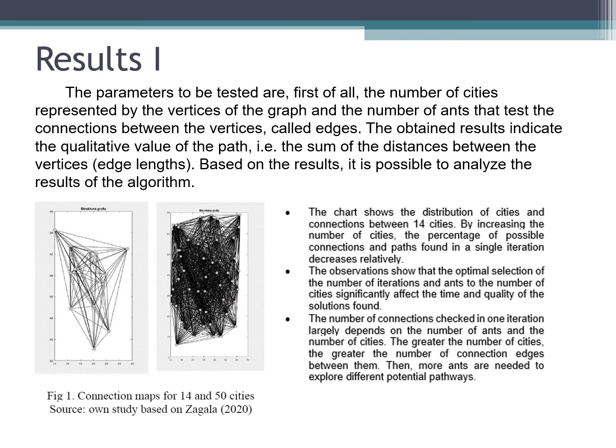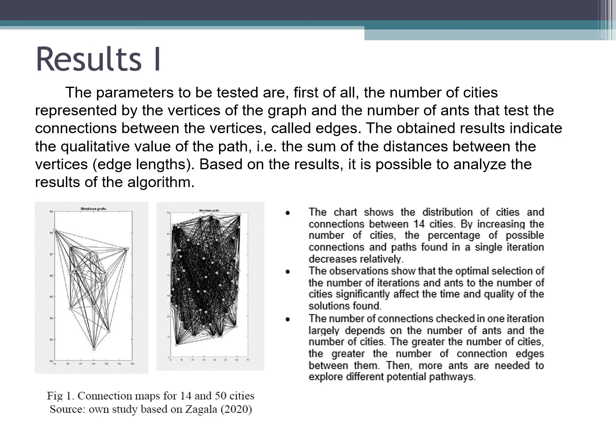Based on the result, it is possible to analyze the results of the algorithm. The charts here show the distribution of cities and connections between 14 cities. If we increase the number of cities, the percentage of possible connections, of possible paths found in a single iteration, is lower.